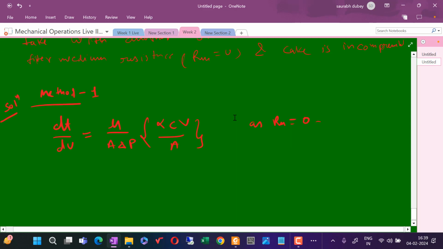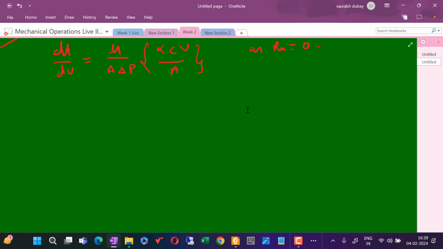So for constant rate filtration, t equals mu alpha c divided by a square delta p times v square.